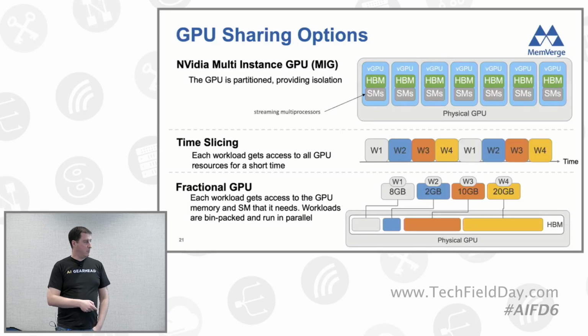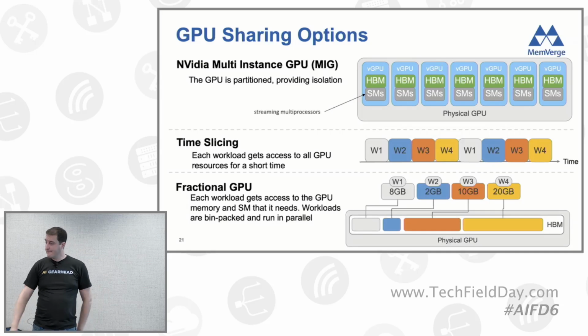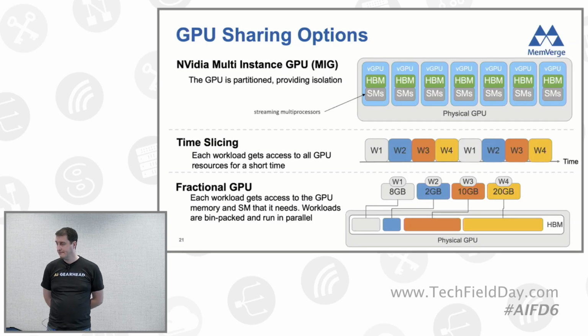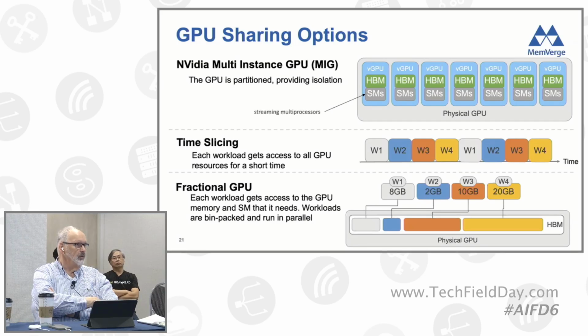Time slicing is just the ability for multiple workloads, in this case workloads 1, 2, 3, 4, to roll on and off each GPU, and each time one goes on, it has access to all of the compute and all of the memory for the duration that it's on the GPU, and then it's kicked off and somebody else is put on. So you're not changing the MIG partitioning on the fly. You're using whatever the current MIG partitioning is and allocating within that. Is that how I understand it? That's correct as of today, but there is a concept of dynamic MIG.